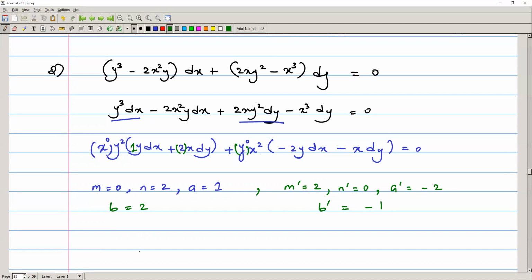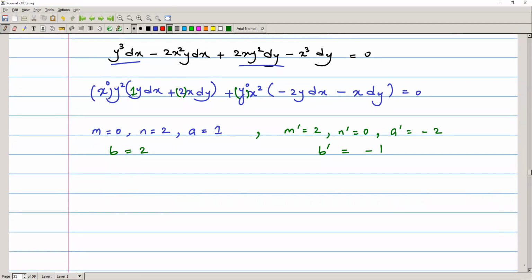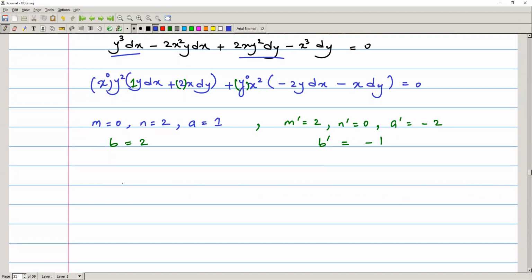Now put this in the formula, so we can write here 0 plus h plus 1 over a, that is 1, is equal to n plus k plus 1 over b, that is 2.